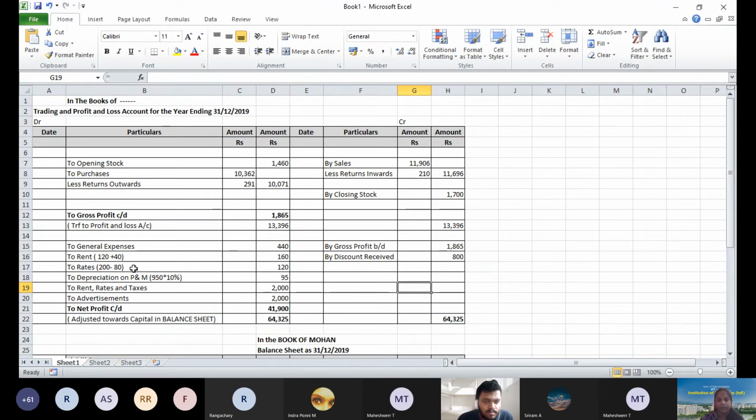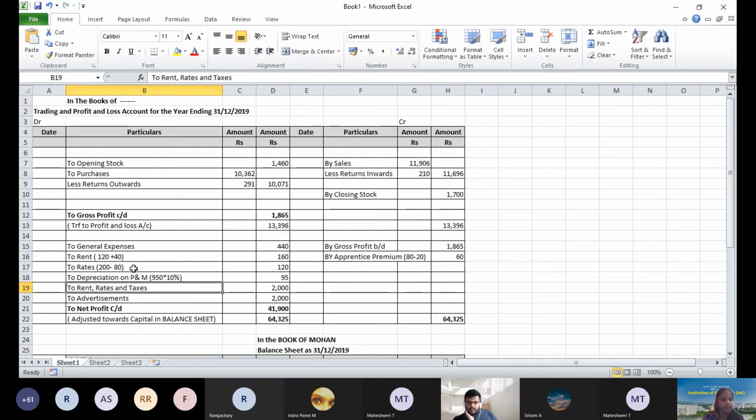Then after that, apprenticeship premium, 80 minus 20. So what is the amount? 60. So I've got that.